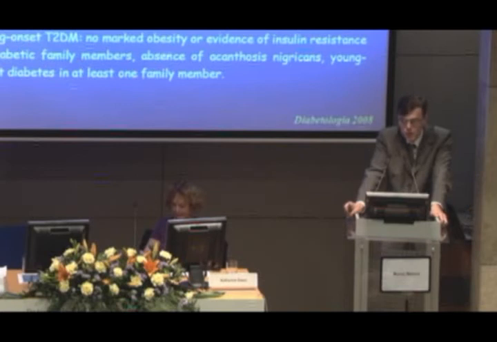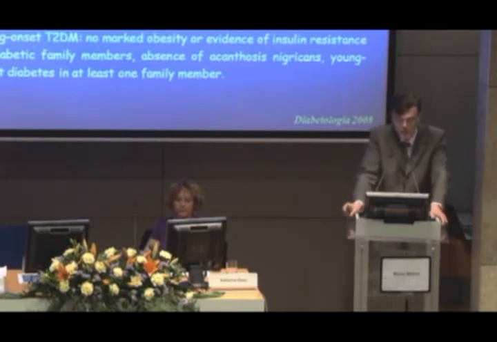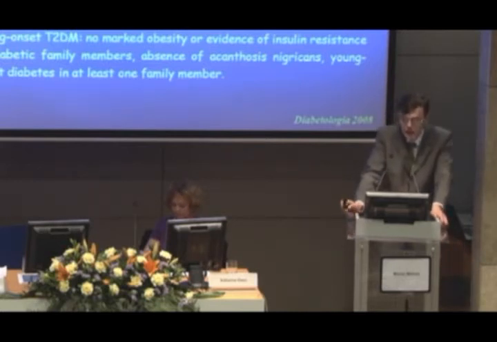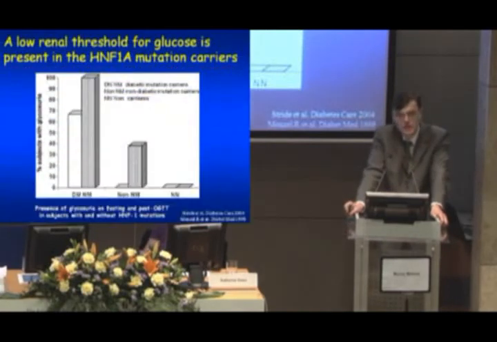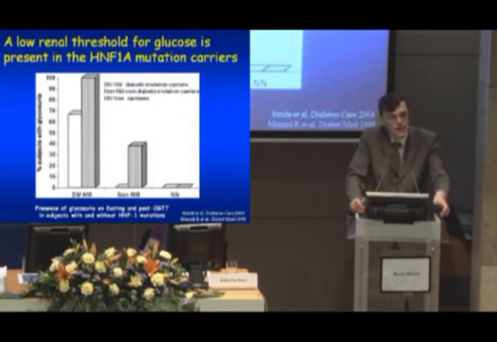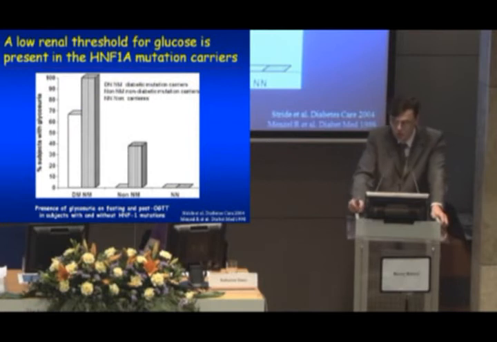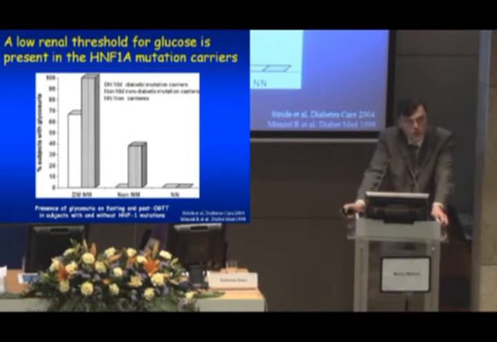Marked sensitivity to sulfonylureas and other features suggesting monogenic diabetes rather than a diagnosis of early onset type 2: no marked obesity or evidence of insulin resistance, absence of acanthosis nigricans, and early onset in at least one family member.